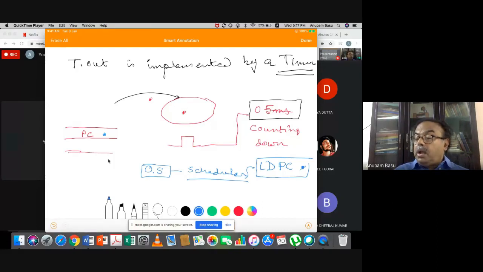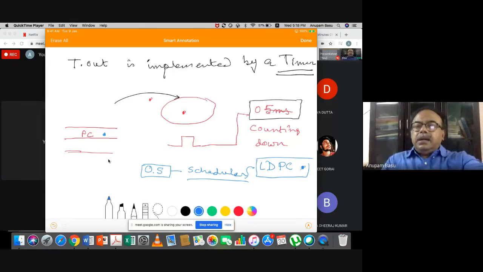A very critical thing that you have learned today is that the operating system is nothing but a high priority program. So that will also have to be treated just as a program. Any program cannot execute without getting inside the CPU. So the operating system also cannot get anywhere without getting inside the CPU.